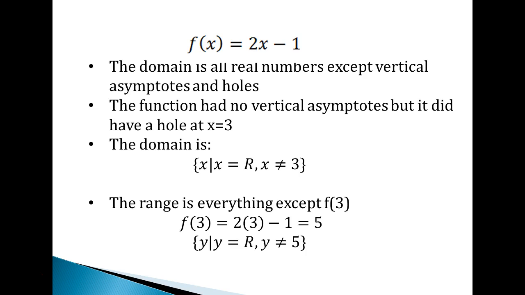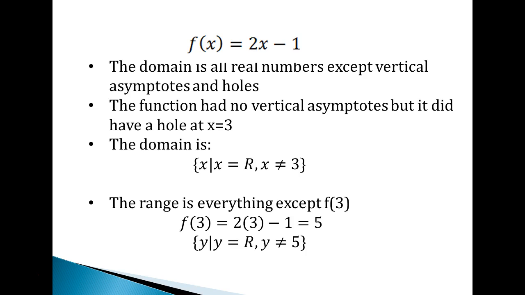Now, the domain is all real numbers except vertical asymptotes and holes. So we know that this function has no vertical asymptotes. How do we know? Because vertical asymptotes are found after you cancel out holes by taking any factors in the denominator and setting them equal to 0.